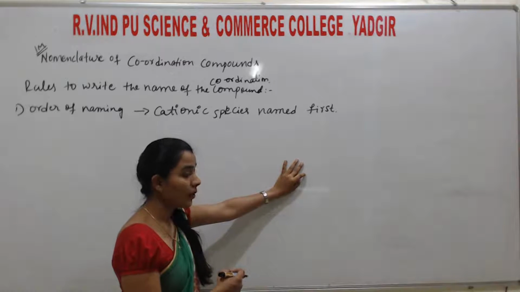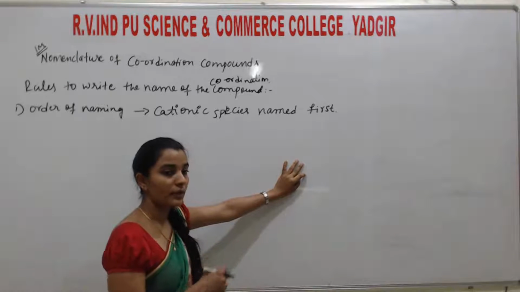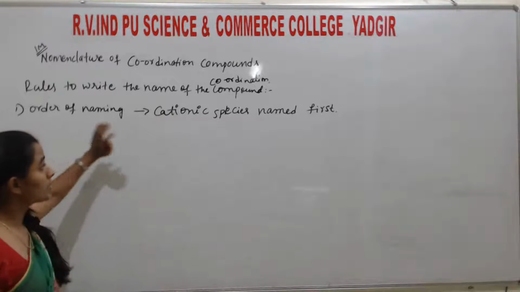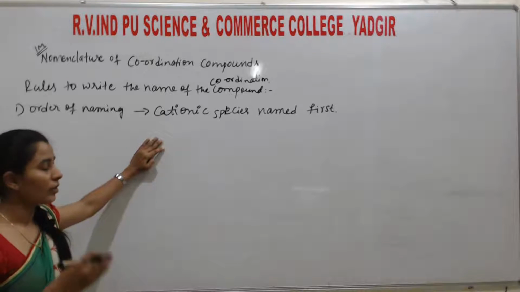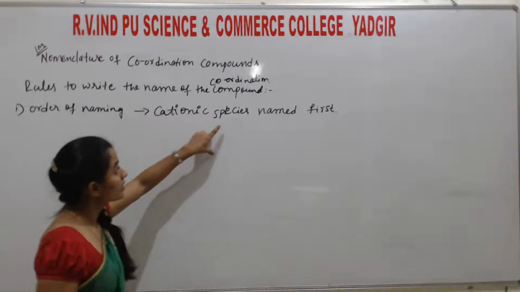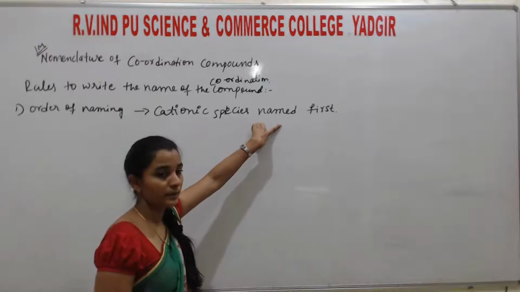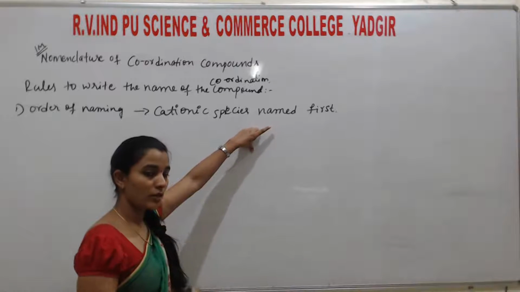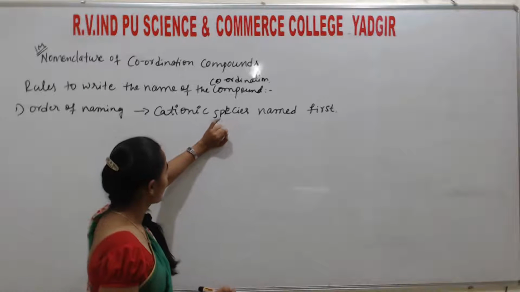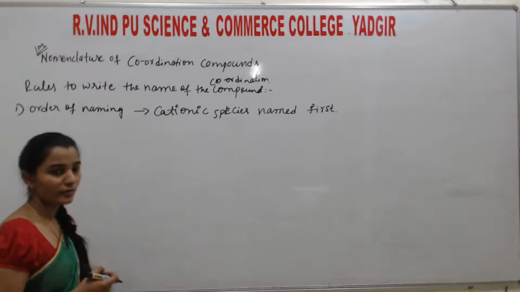So in the second, I wrote the complex first because the complex is the cation. Whatever the species is, students, whether it is a complex or a neutral molecule, complex or a counter ion, the order of naming is cationic species named first. Okay, whether it is a complex or a counter ion, the one which has the plus charge is named first.